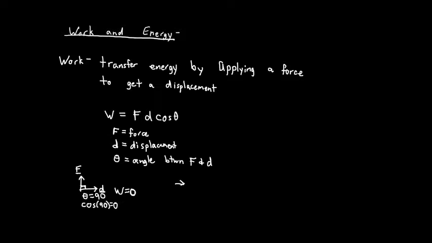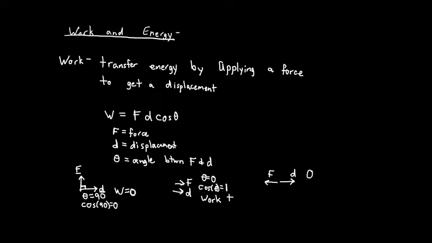If the force and displacement are both parallel to each other, acting in the same direction, then your angle is going to be equal to 0, and the cosine of 0 is going to be equal to 1. So in that case, your work is going to be its maximum value, and work is going to be positive. You can also have situations where your force is acting one way, maybe backwards, but your displacement results in going the complete opposite direction.